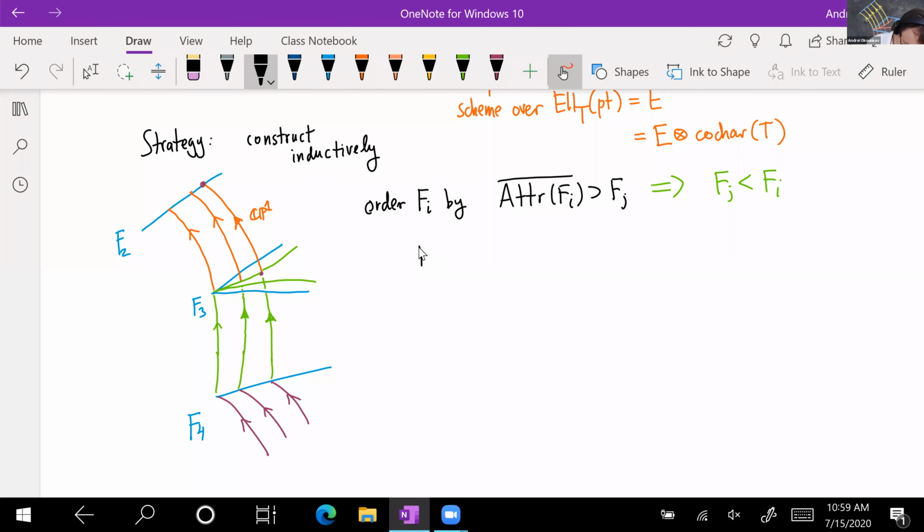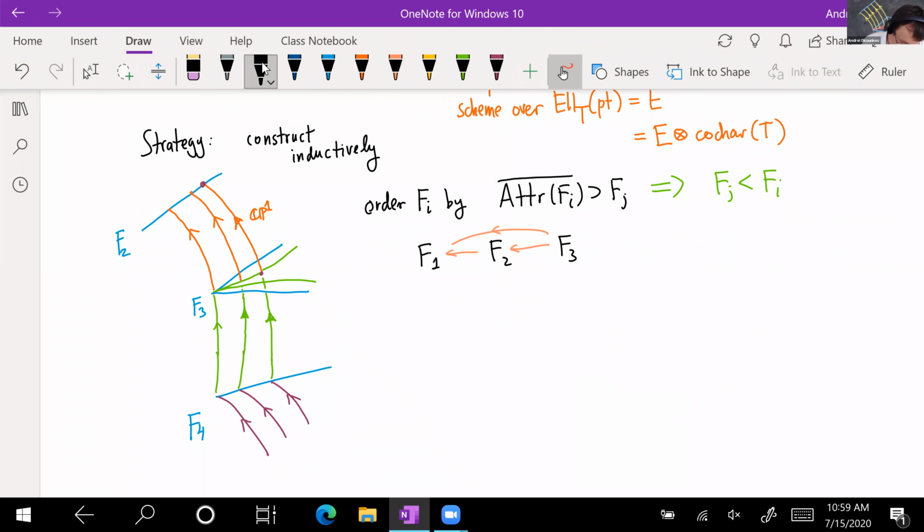So we will order them: F1, F2, F3, and so forth. This is attracted here, this is attracted there, this could be attracted straight there. The attractions go only one way.